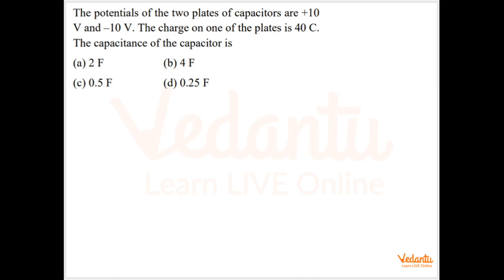In this case, the potentials of the two plates of the capacitor are plus 10 volts and minus 10 volts. The charge on one of the plates is 40 coulombs. What is the capacitance of the capacitor? So, my dear bacha log, here we will use the formula Q is equal to C V. Remember that in this case, this V is not exactly potential, it is potential difference.